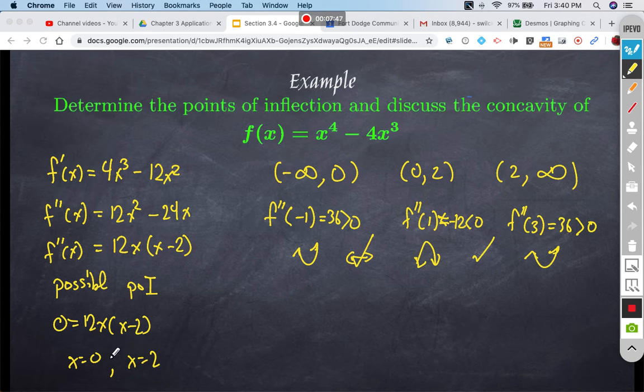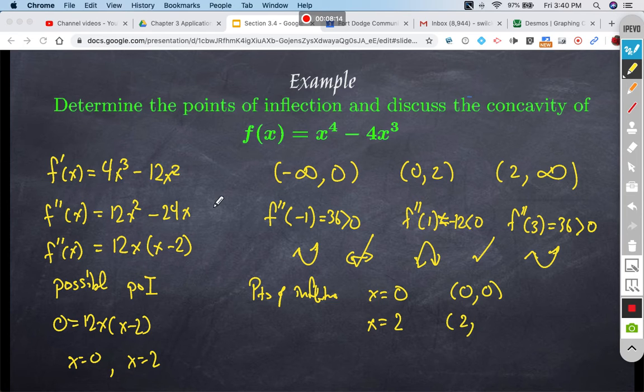To call these points of inflection, we have to see, does the concavity change? So points of inflection are going to be x equals 0. So that's going to be the point (0, 0). And x equals 2.